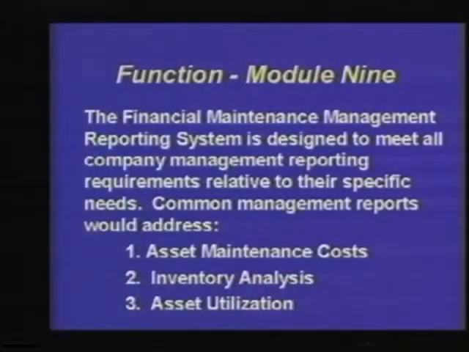We have asset utilization, and that is how well we are utilizing our assets. As we indicated in maintenance work order planning and scheduling, we're trying to get the highest degree of utilization from our craft personnel, somewhere between, let's say, 80 to 85%, if not higher.